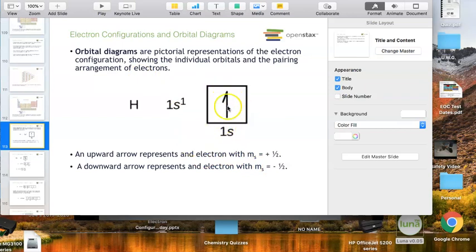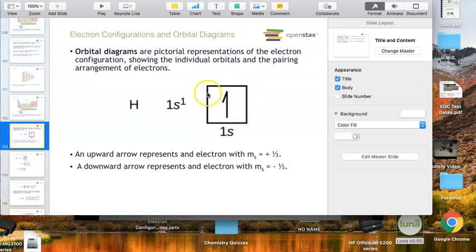So this is like a lazy way to write an arrow going up. Okay, so orbital diagrams are pictorial representations of electron configurations showing the individual orbitals and the pairing arrangement of the electrons. So here we have the electron configuration for hydrogen, 1s1. Its orbital diagram, this box represents the orbital.